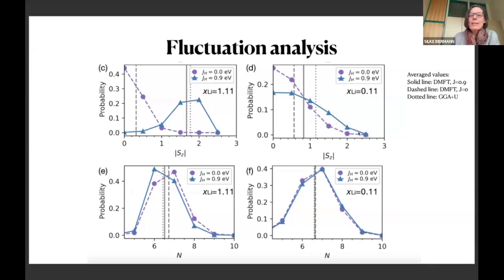Different configurations all contribute more or less equally. Also in the electron numbers, you have a relatively narrow contribution here, but in the dilithiated compound, you have substantial contributions, even from quite low and quite high electron numbers on the D shell.